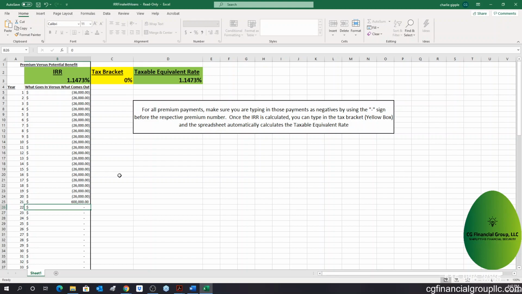In this example, because those loans and everything reduced his cash value down to $600,000, what does the lower internal rate of return number up here tell me? What that tells me is that for each dollar that he takes in loans, he is paying more of an interest rate on those loans than what he is earning on the collateralized value in the policy, right?